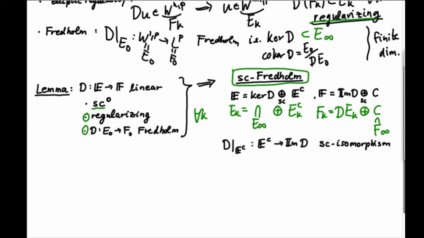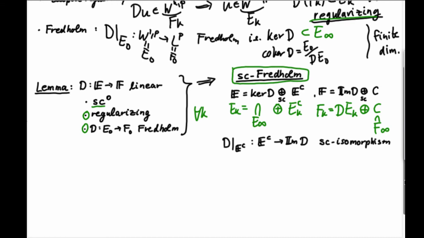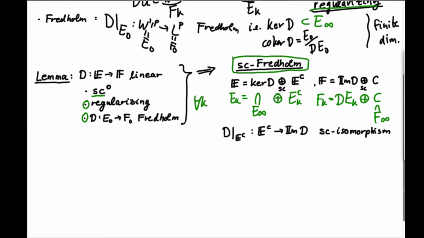So I don't just want a complement of the kernel, I want a scale complement. And I don't just want a complement of the image, I want a complement in the smooth points. And then I restrict this, and I should get an isomorphism for all k.